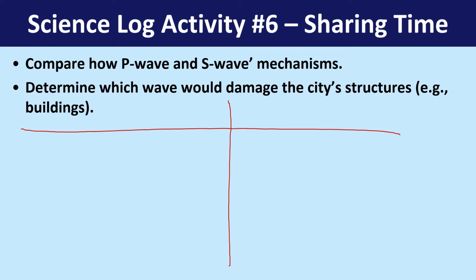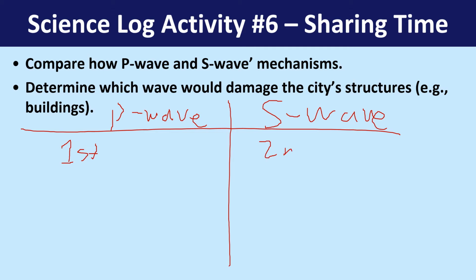Let's go through the P wave and S wave. P wave, ladies and gentlemen, first of all, happens first. S wave, secondary. First wave and second wave. When it comes to P wave, they share the same direction.